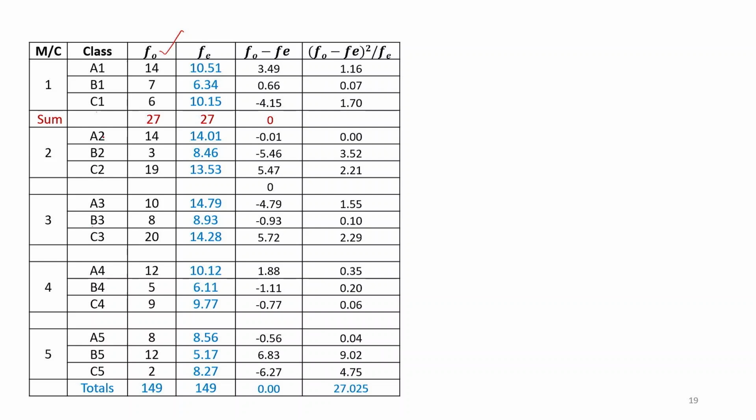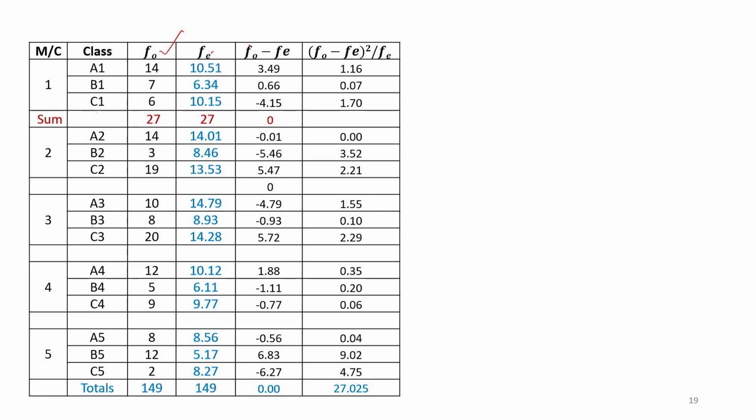This 2 indicates machine 2, 3 indicates machine 3, 4 for machine 4, 5 indicates machine 5. And the corresponding values are given in this table. These are the actual values. And expected values which you have calculated are also shown by these blue figures.